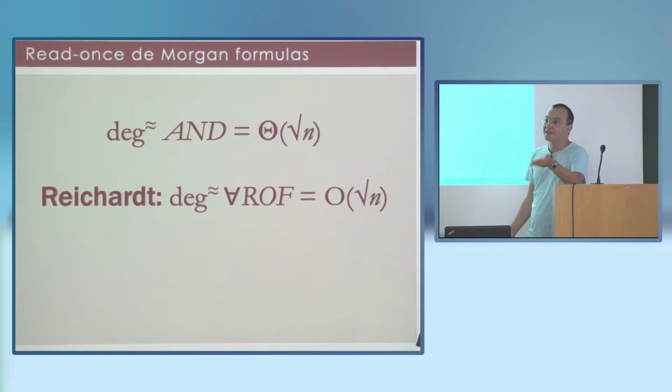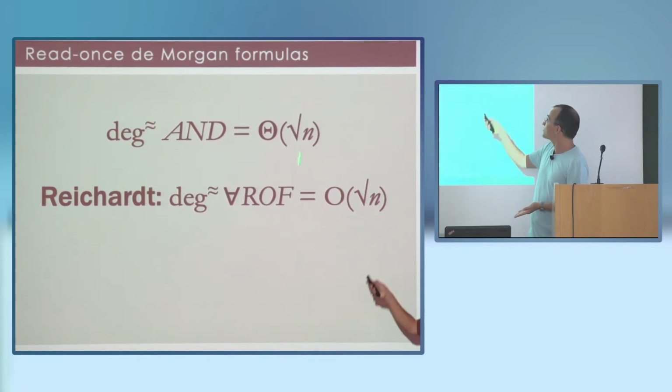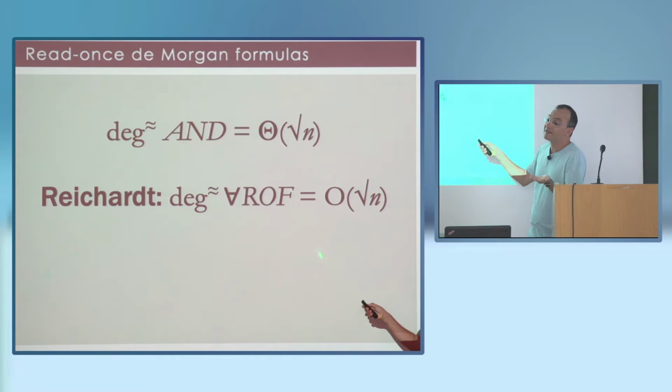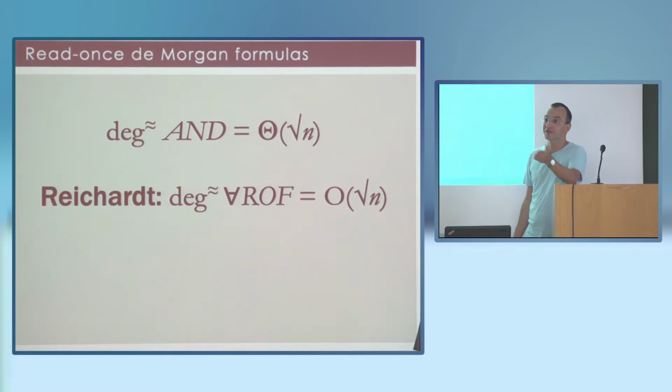So one question they asked is what happens when the functionality you want to compute is a read-once formula? And Reichardt gave this algorithm that showed that every read-once formula with AND and OR gates has the Grover speedup. So it has a quantum algorithm with complexity square root of the database size.